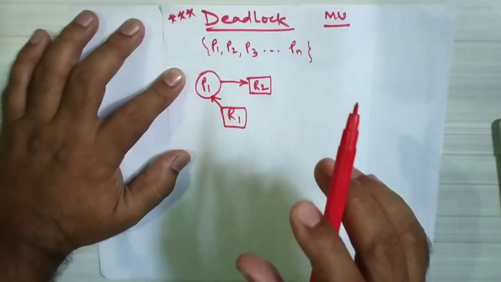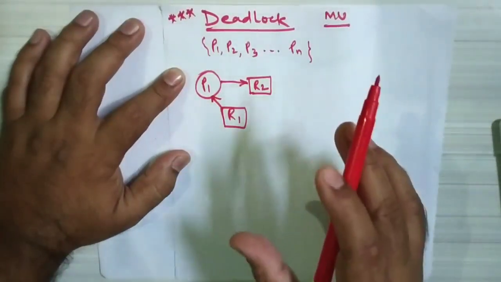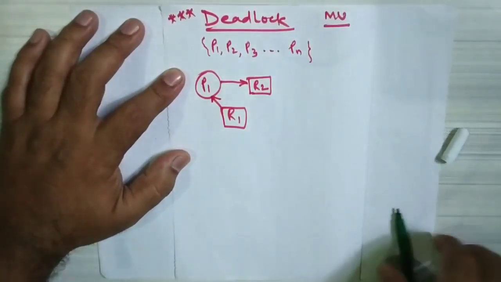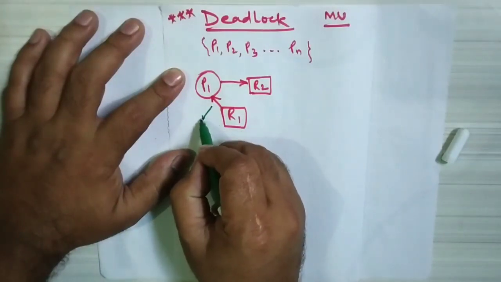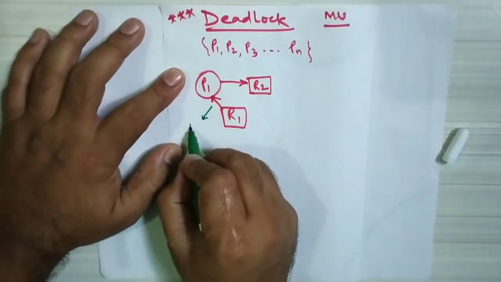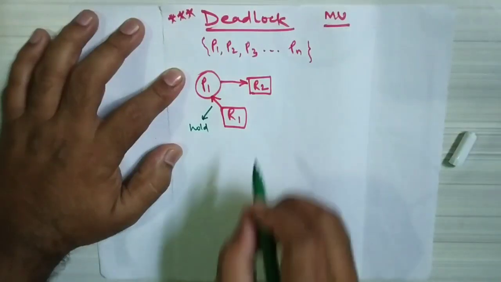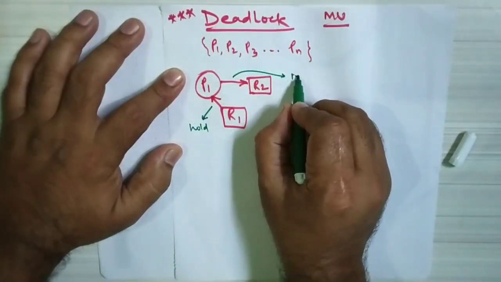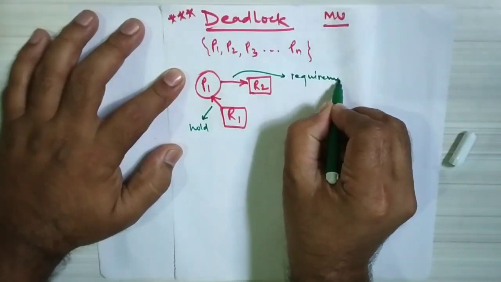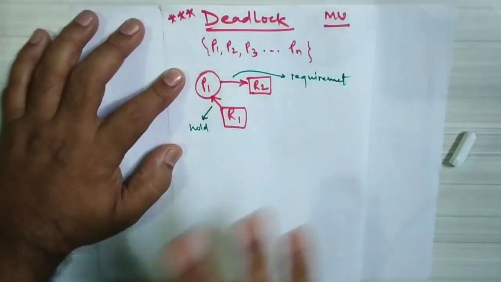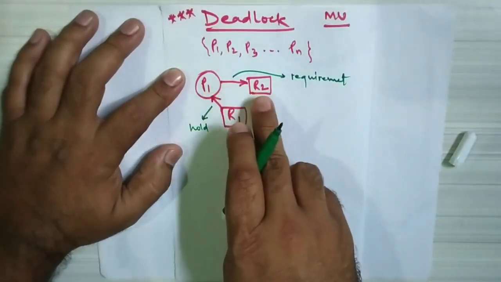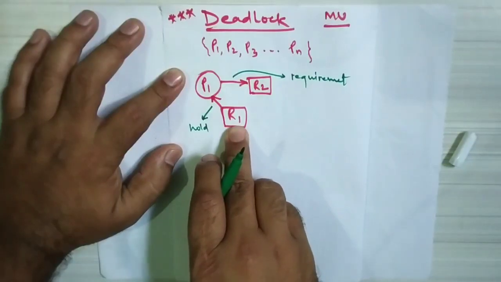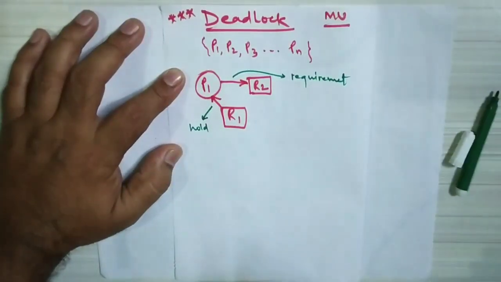This is just a simple convention we need to understand before understanding deadlock. This arrow indicates that p1 holds the resource r1, and this arrow mark indicates the requirement. Now you can clearly understand p1 has a requirement of r2 and p1 holds resource r1.